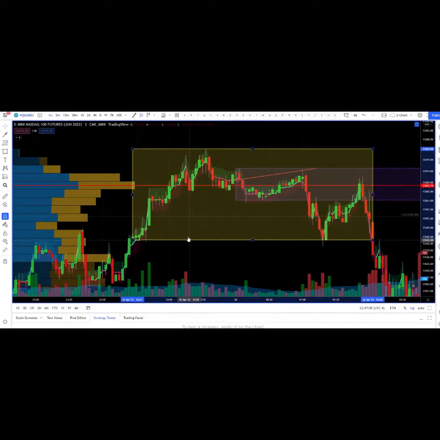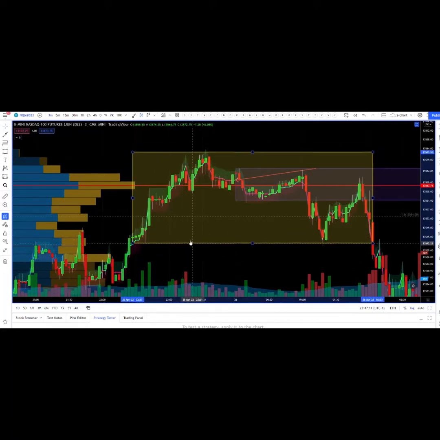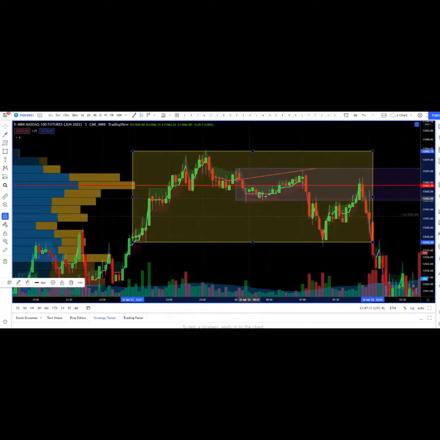And I talk about market phases in my using the voodoo range video, and this is a phase that most people call balance, where it goes up and down. The auction goes back and forth, and generally you're making higher highs and lower lows on a micro time frame. So like here we made a low, and then we made a high, and then we made a lower low. But right before here, we were making higher highs. So you kind of have this mixture.